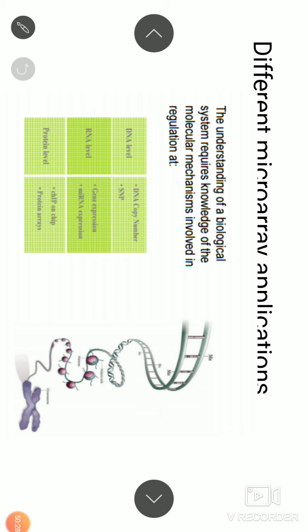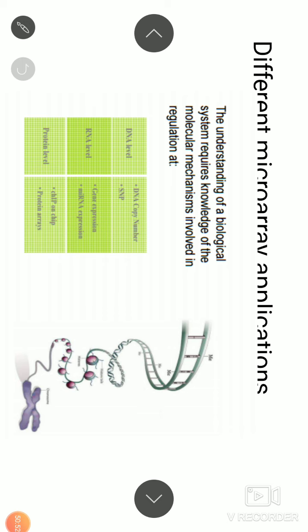By overlapping the different excitations, you can see the gene expression in cell population 1 and in cell population 2. So the microarray has huge applications. How the image looks will come in further slides.